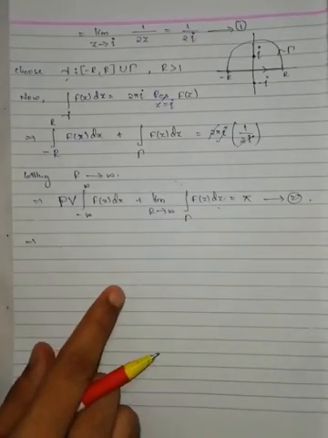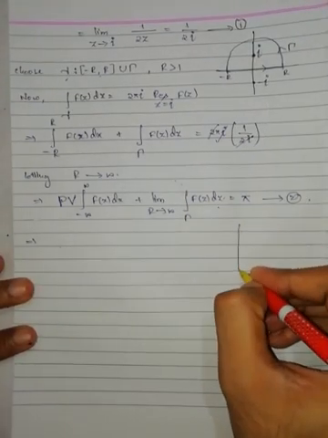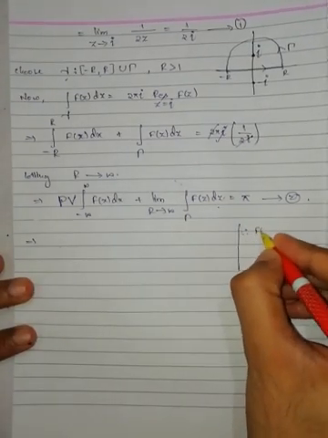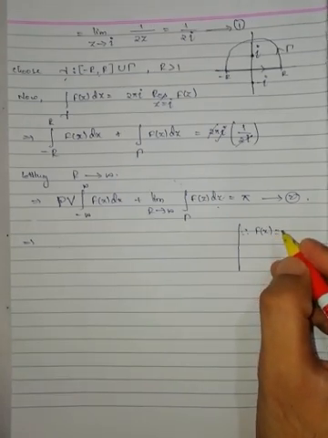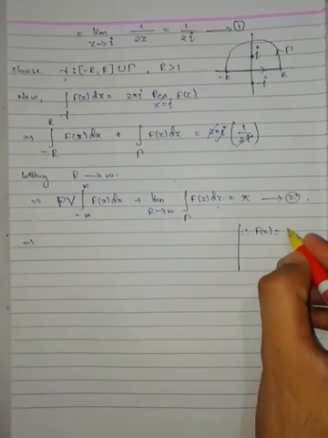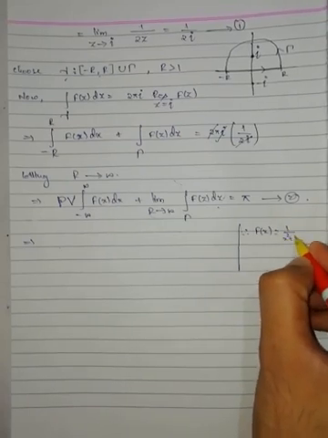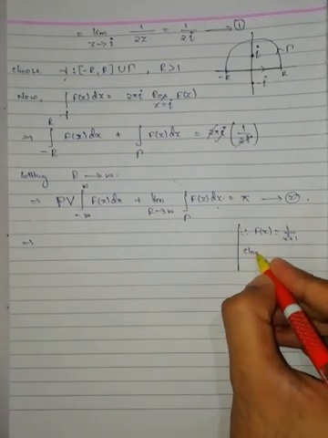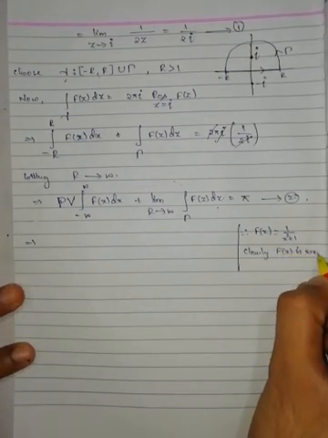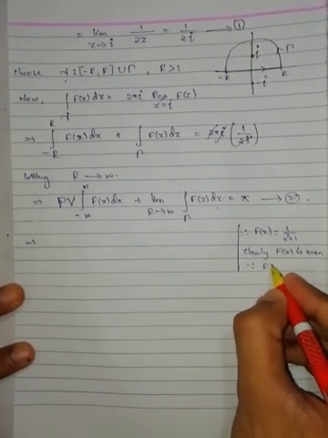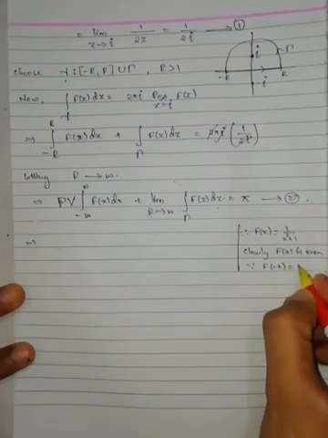What is capital F of x? As per our question, capital F of x is 1 by x square plus 1. Clearly capital F of x is an even function, since f of minus x is equal to f of x.